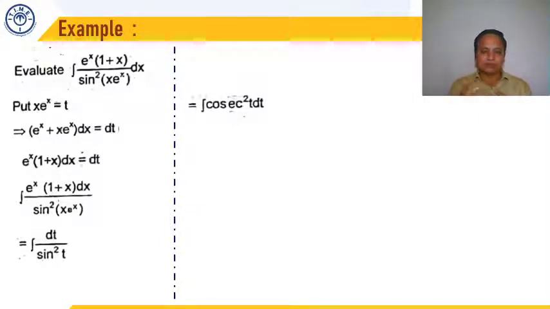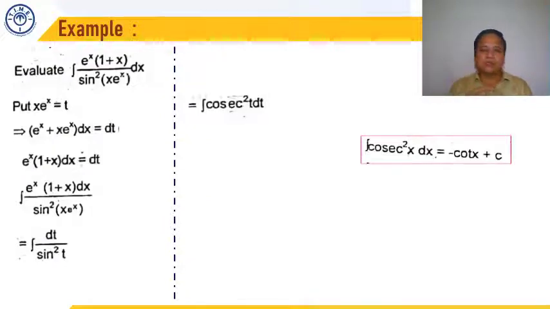Now we have a direct formula for this integration. We convert this into a form where we can apply the formula directly. So we'll be using the formula integration of cosec square x dx is equal to minus cot x plus c. Here we have to integrate cosec square t with respect to t, that is dt. So this comes out to be minus cot t.